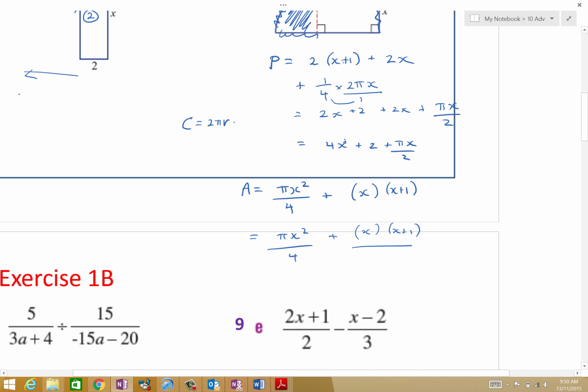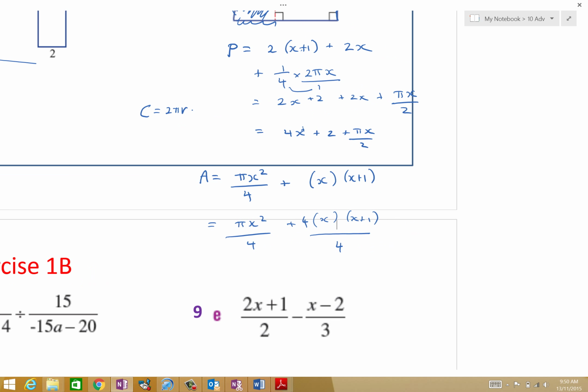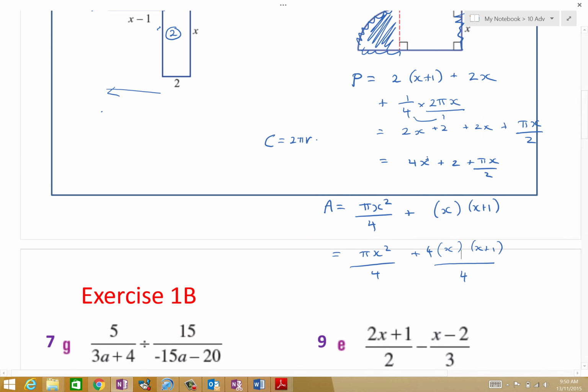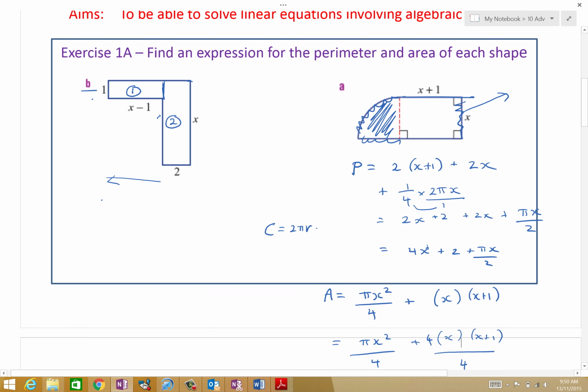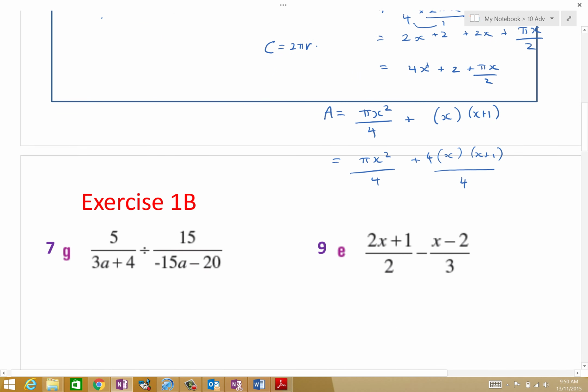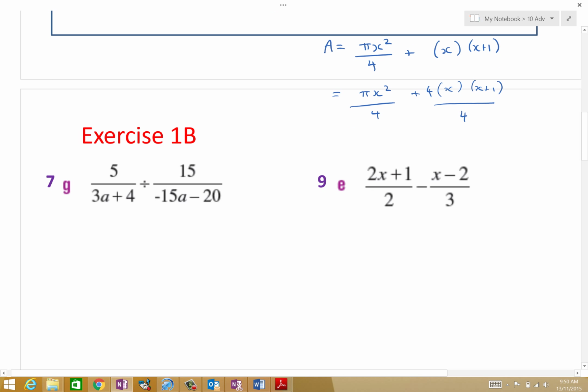Yeah, okay, so I want that over 4, which means that I also have to do that, don't I? Now, for the time being, I'm just going to leave it as that, because I wanted to go through the idea that when we have these algebraic expressions, we can simplify them and use algebraic fractions, just like we went through last class. So these are the sort of things that we then have to simplify, okay?